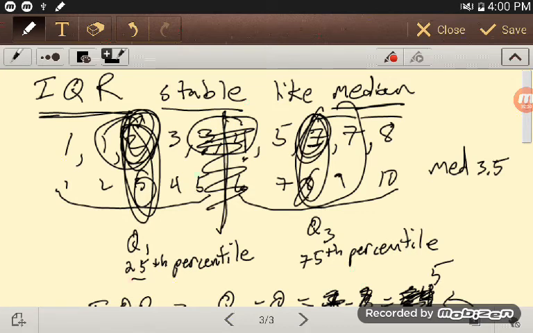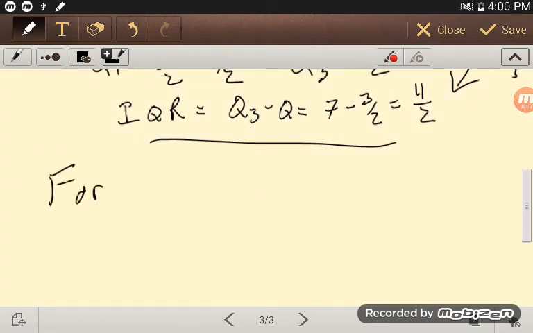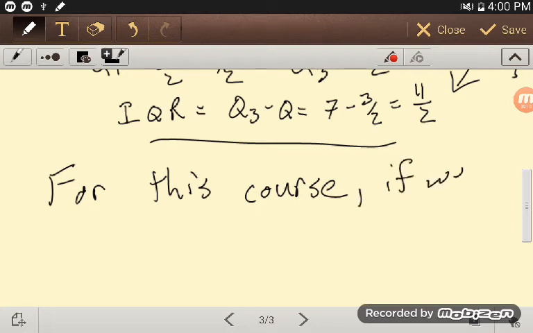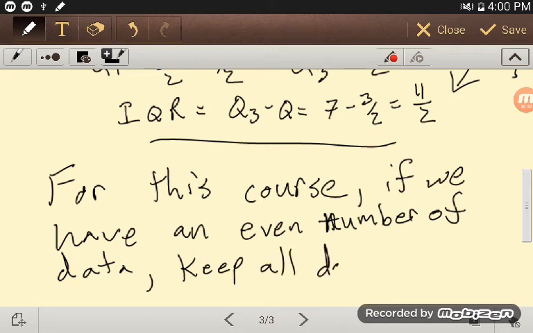Now, for this course, what do I want to do? For this course, what we'll do, if we have an even number of data, keep all data for Q1 and Q3.